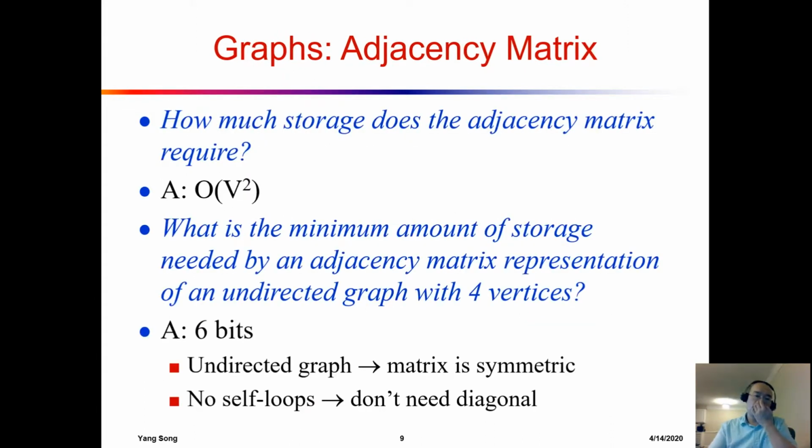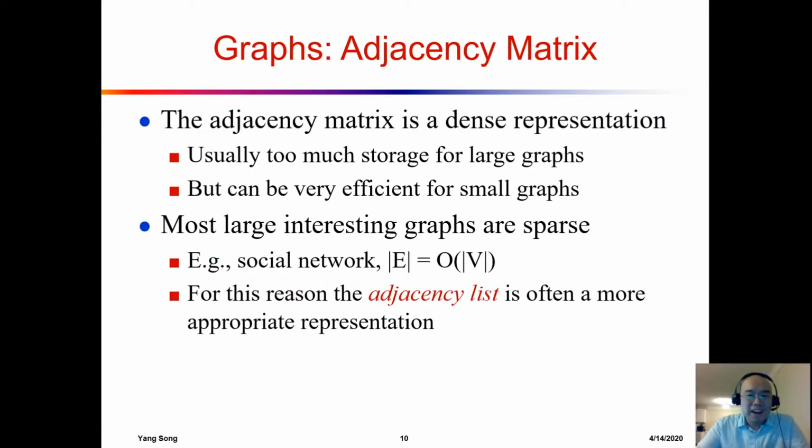Okay, so the next question, what is the minimum amount of storage? But we have done this. The adjacency matrix is a dense representation, and usually it is too much to store a very large graph because it is an n by n matrix.